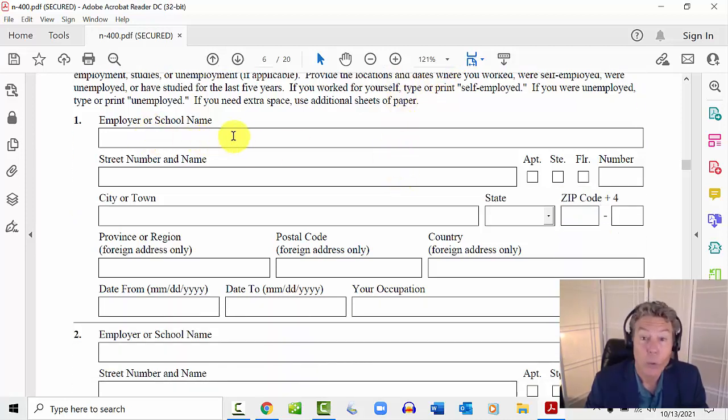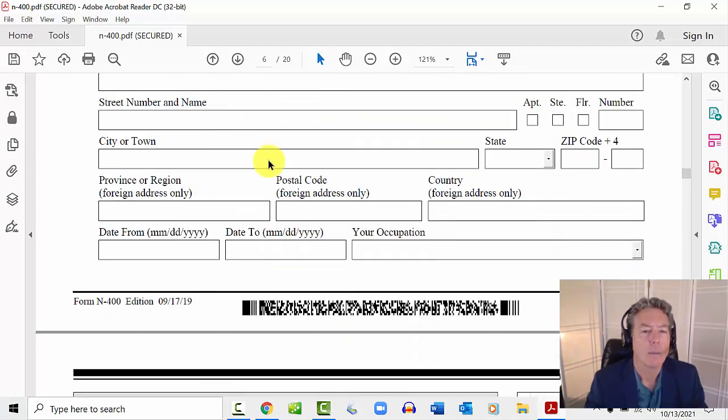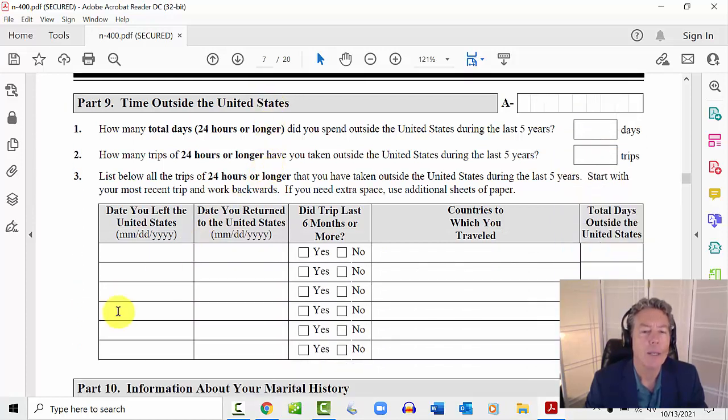Employer or school name, and put those in. Go back 5 years. Okay. Time outside the United States. We talked about this a little bit. How many total days, 24 hours or longer, did you spend outside the United States during the last 5 years? So this is going to be tough to see.